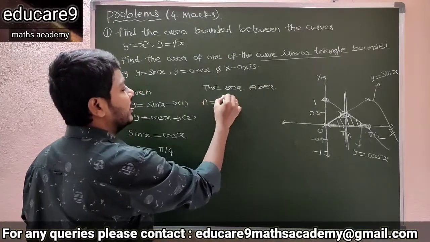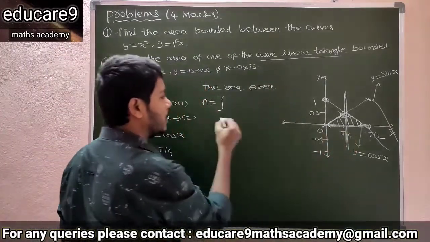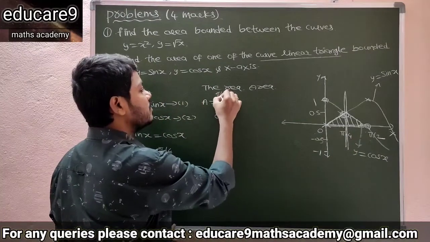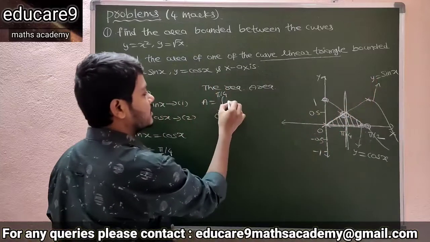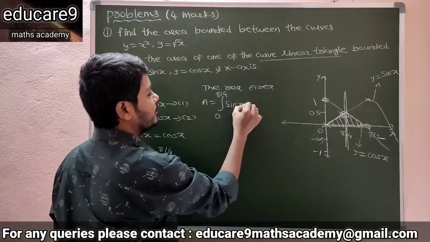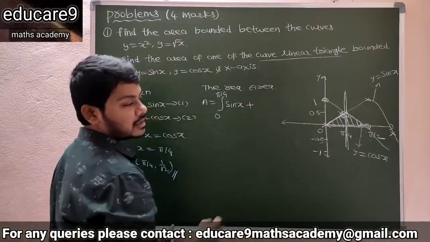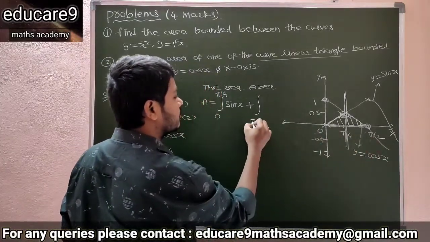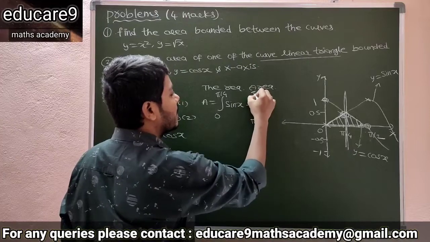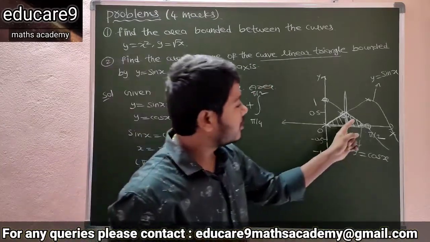A is equal to integral 0 to pi by 4. So what is this graph? Sin x. Okay. Plus integral pi by 4 to pi by 2. So what is this graph?